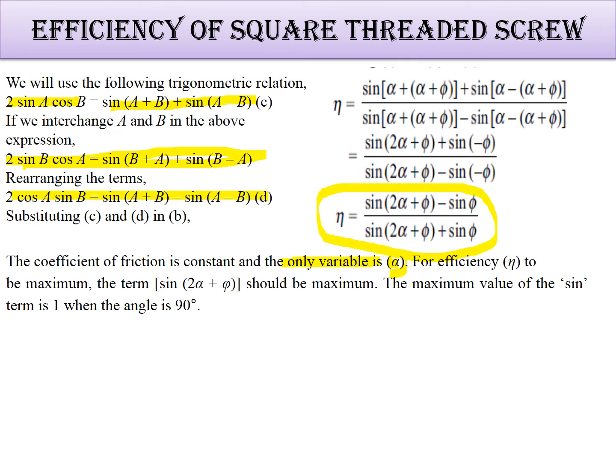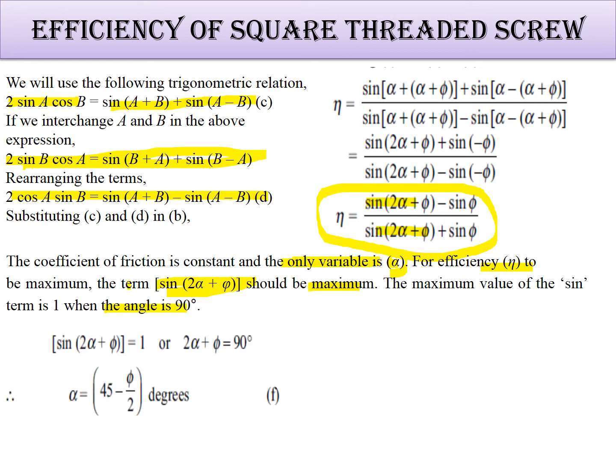So for maximum efficiency, the term that should be maximum is what? Sine of 2 times alpha plus phi should be maximum. So this term should always be maximum, so that then only we will get maximum efficiency. The maximum value of sine is what? 1. The angle should be 90 degrees.